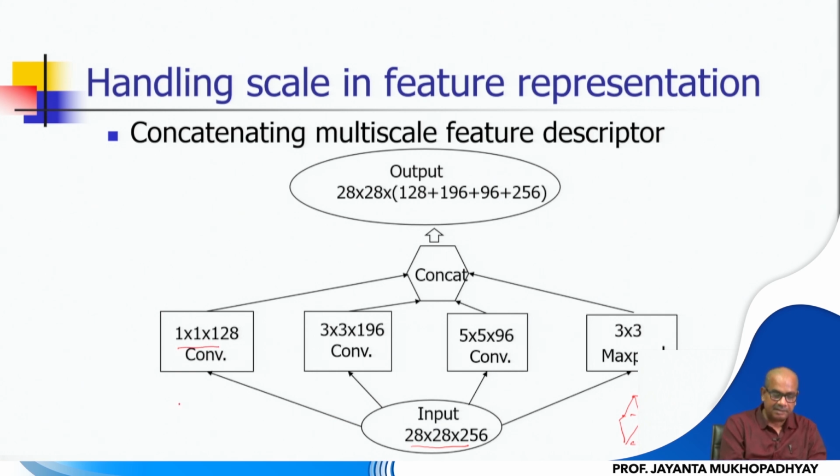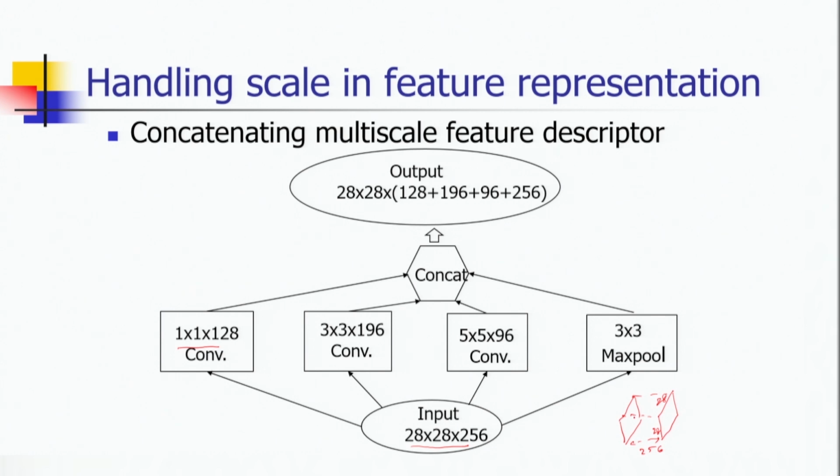See, a 1 cross 1 filter is very interesting. A 1 cross 1 filter means that only throughout the depth these are processed. The filter response is simply one dimensional, as if a one dimensional impulse response. So you just take the dot product over every depth-wise piece, and each one will be mapped to one value.